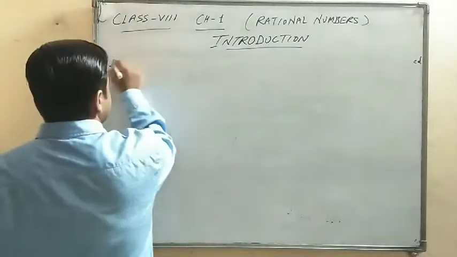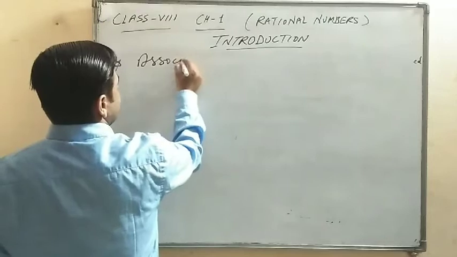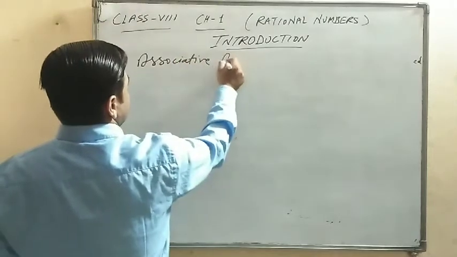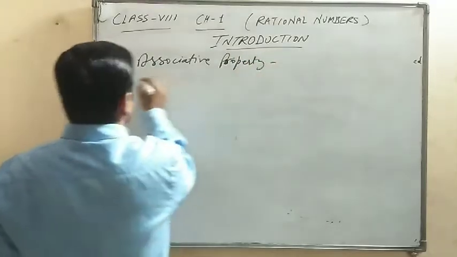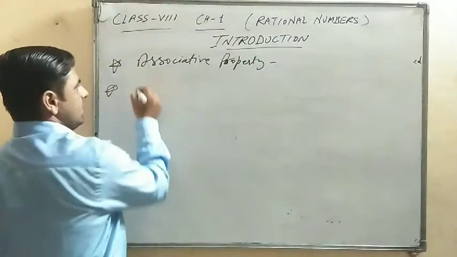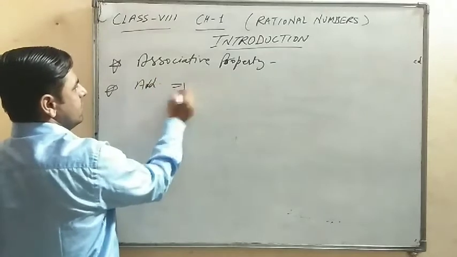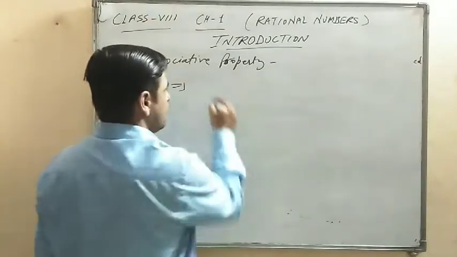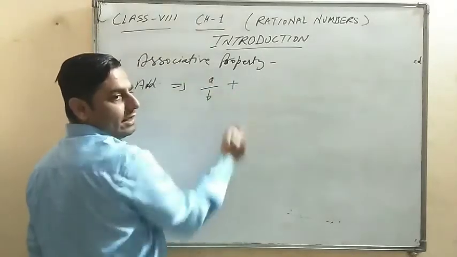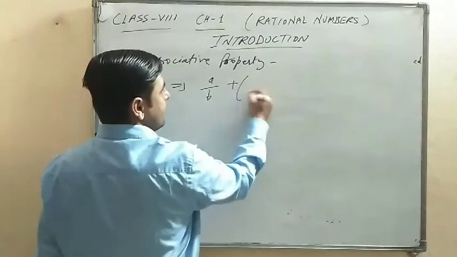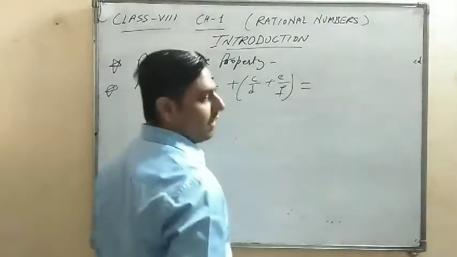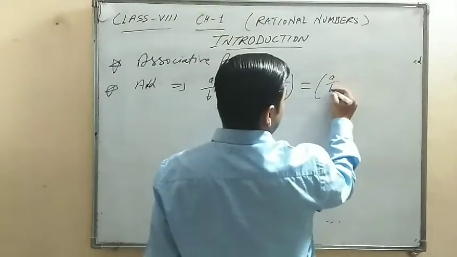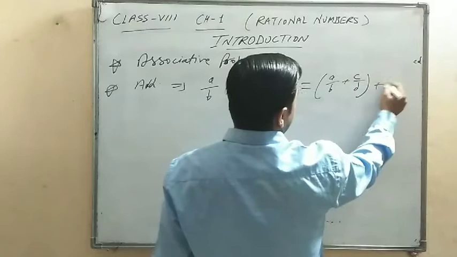The third property is the associative property. First one is addition. According to addition, we have to write like this: a upon b plus in brackets c upon d plus e upon f is equal to in brackets a upon b plus c upon d, plus e upon f.